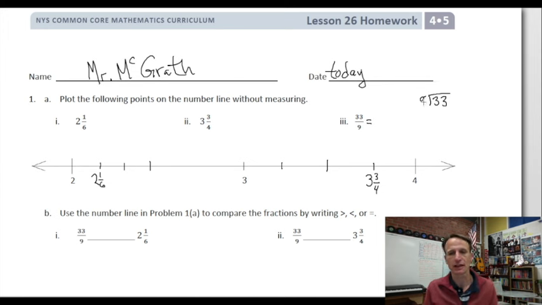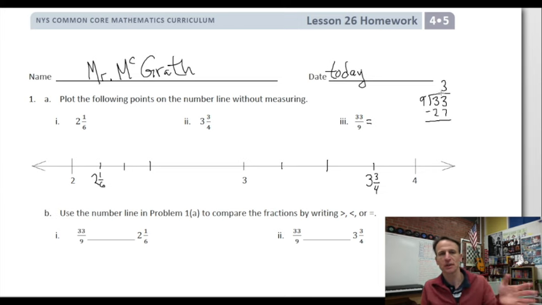Okay, 9, how many 9s in 33? 9, 18, 27, 36 would come next, that's too much. So 9, 18, 27. So 3, because 3 times 9 is 27, we subtract, and you don't have to do all the hop and scotch regrouping here, it's just 28, 29, 30, 31, 32, 33.